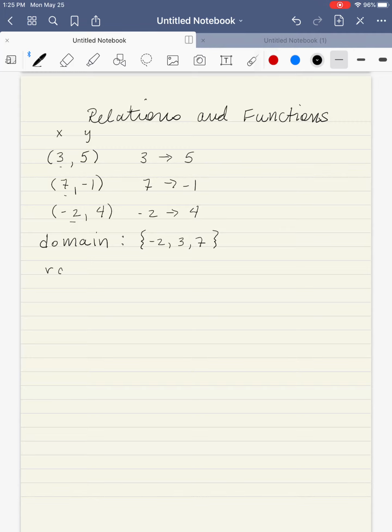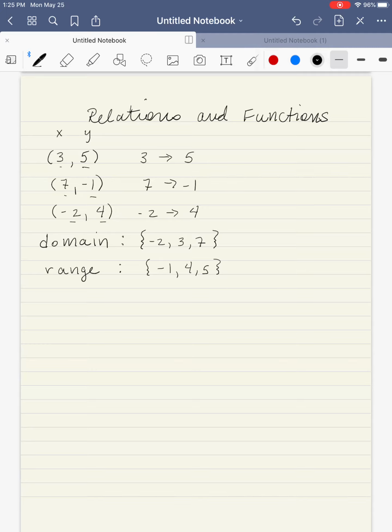The range is all the values of y, all the numbers that are being mapped to. So I write my set notation, and I have the numbers -1, 4, and 5, because those are all the numbers that are being mapped to.